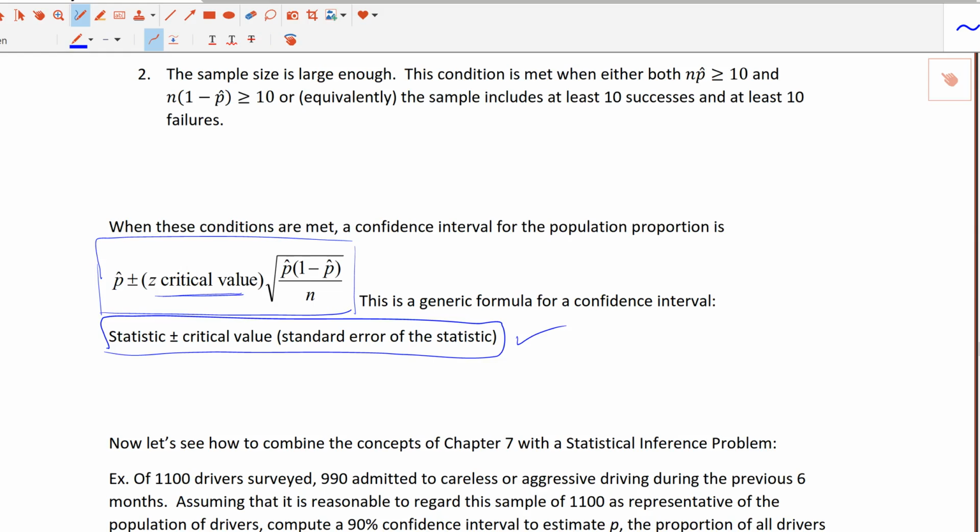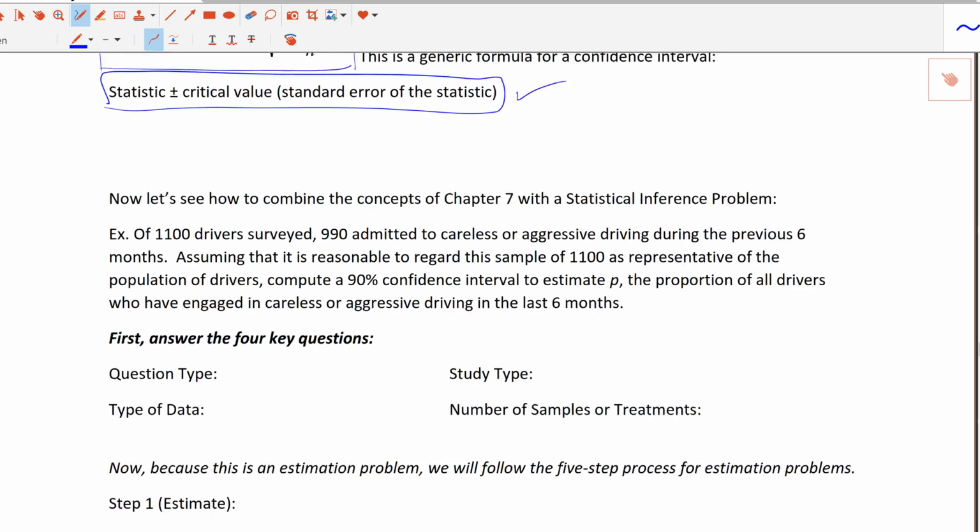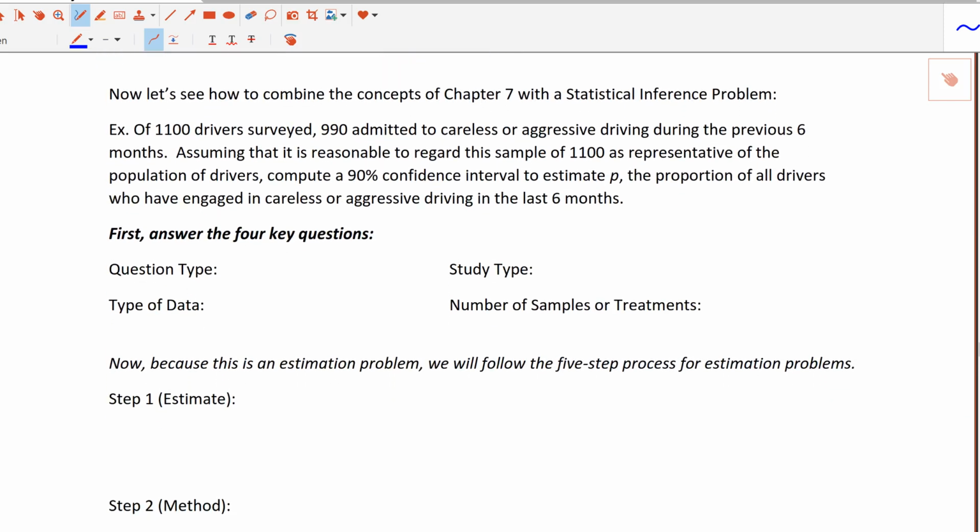Okay, so now let's go back and think about the concepts that we learned in chapter 7 to look at a statistical problem and make some analysis from it. So suppose we have 1,100 drivers that were surveyed. 990 admitted to careless or aggressive driving during the previous 6 months.